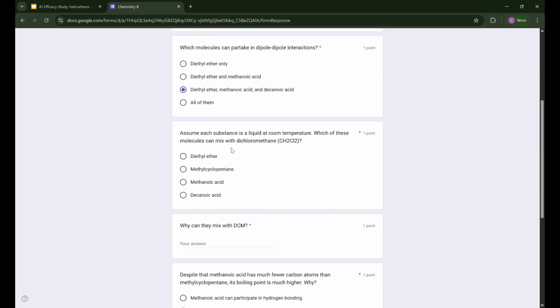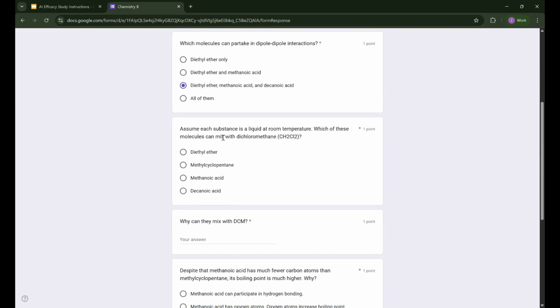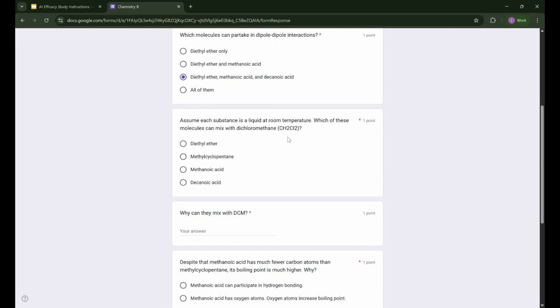Assume each substance is a liquid at room temperature. Which of these molecules can mix with dichloromethane?